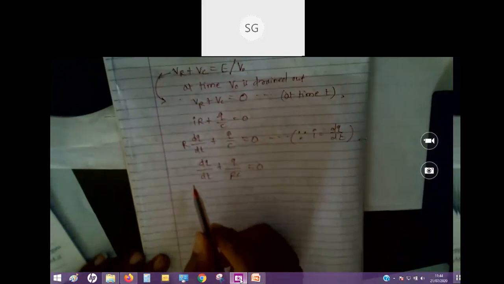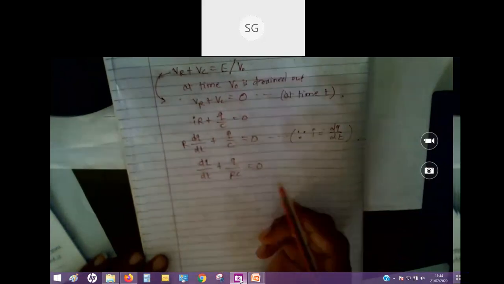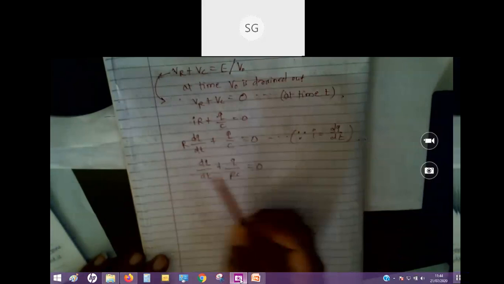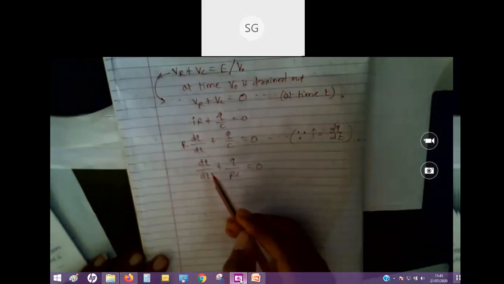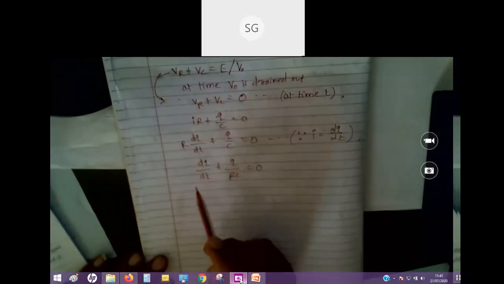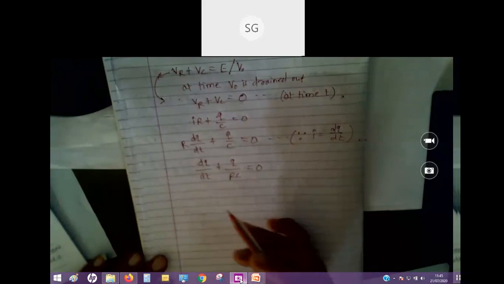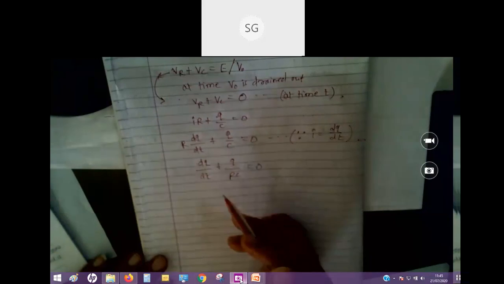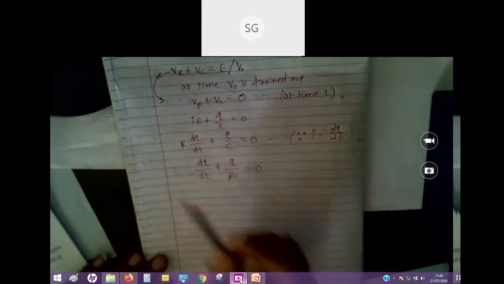Yesterday someone was asking me, instead of having the differential equation in the form of VC, can we write it in the form of Q? So this is the answer. That's why I told you yesterday that in one of the examples I would convey this information.